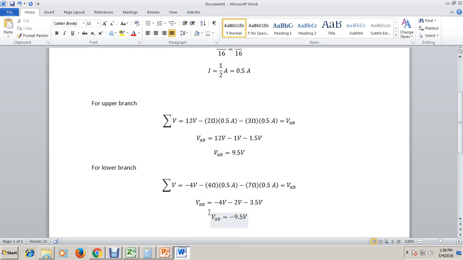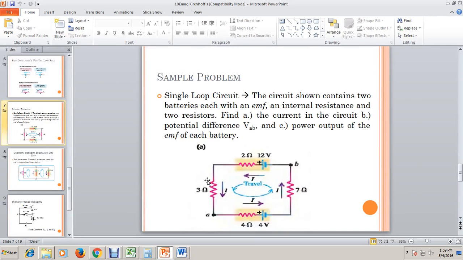Now, considering the sign, what does the positive sign for V sub AB mean? And what does the sign negative 9.5 for the lower branch mean? This basically proves Kirchhoff's loop rule, that when you do the algebraic sum of the voltages for all circuit elements around the given loop, the sum of those voltage drops should equal 0.